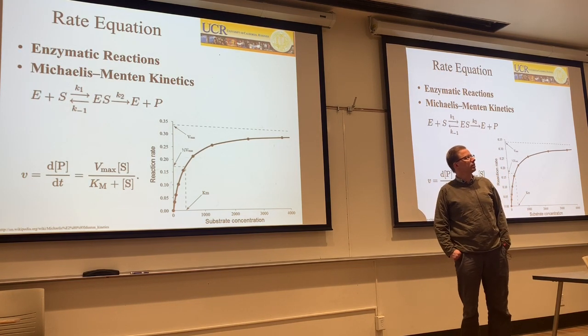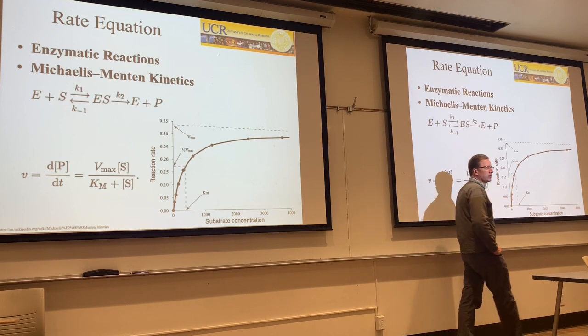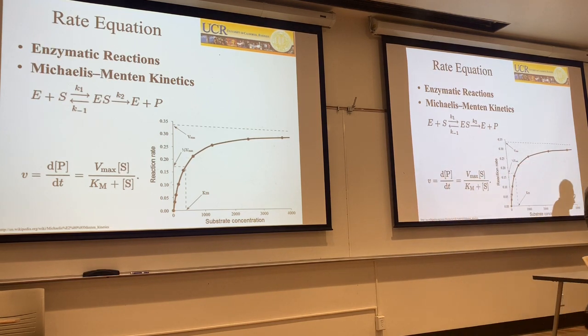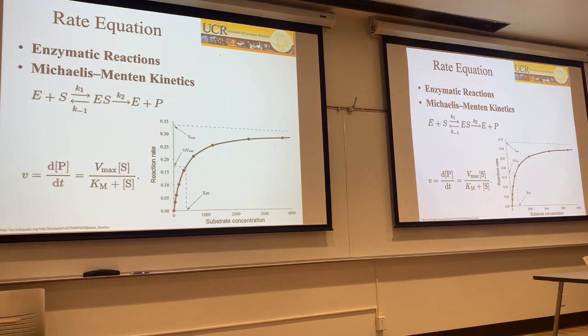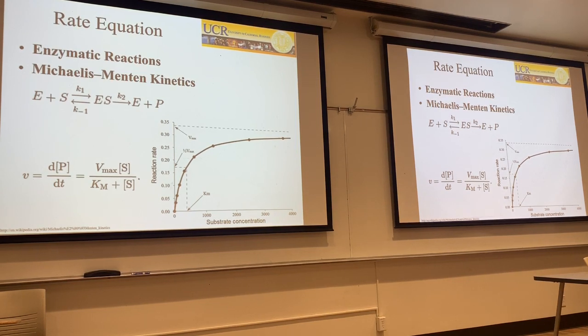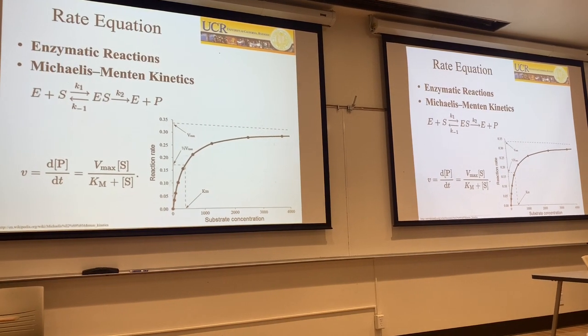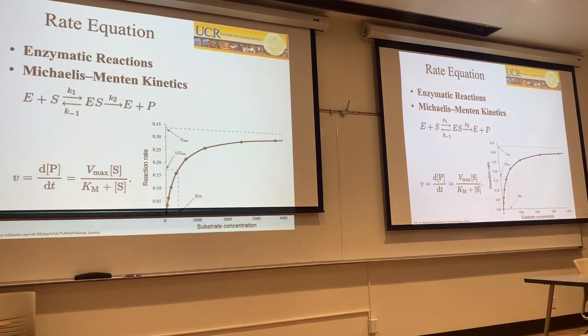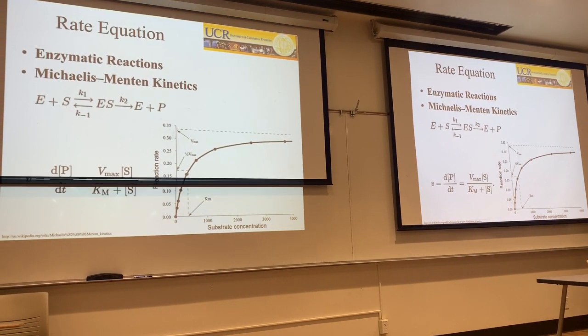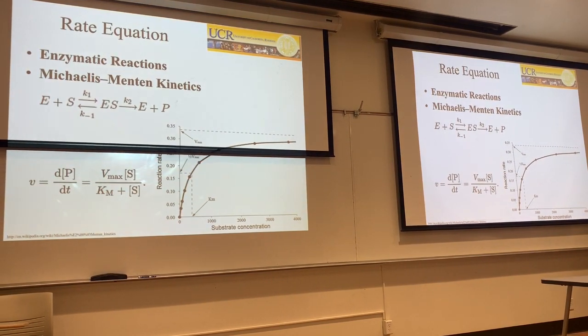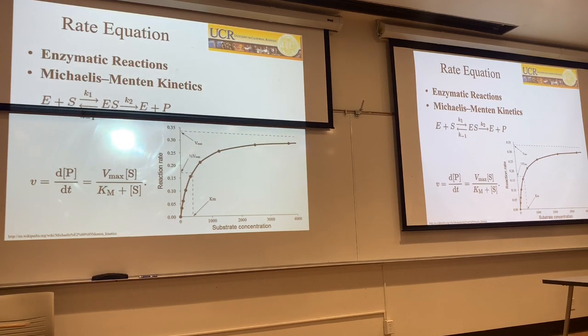Now, it's really just the steady state approximation, but it has a completely different name here: Michaelis-Menten kinetics. If you talk to the people working with enzymes and substrates, that's really what they think about. They don't think about a rate-determining step approximation or something of that sort. They say, oh, it's Michaelis-Menten kinetics.